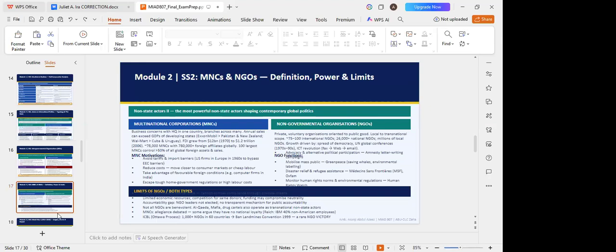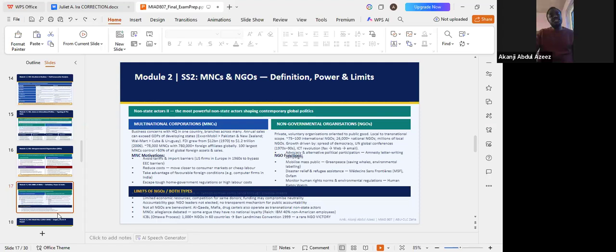In essence, whenever we are saying multinational corporation, we are making reference to a company that has its headquarters in another country but has branches across different borders. Understand? They have branches across different territories.